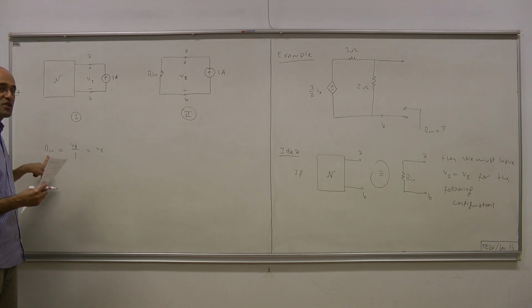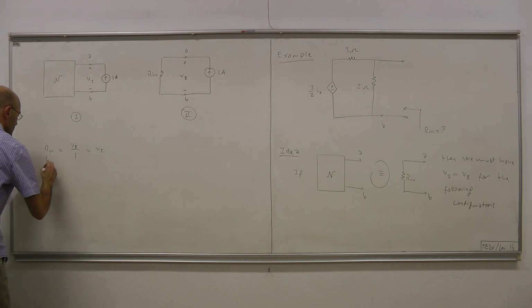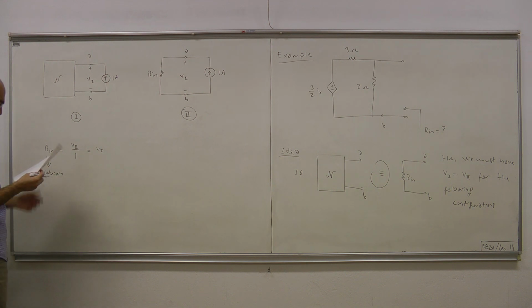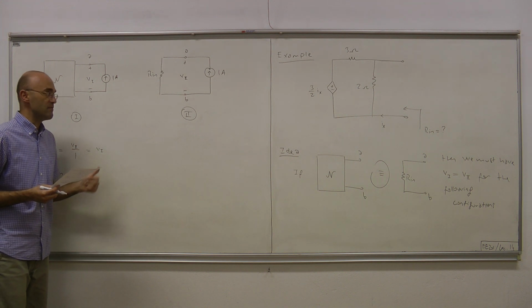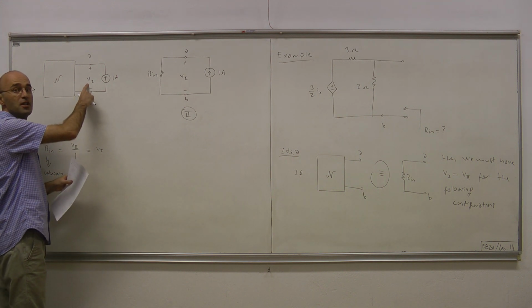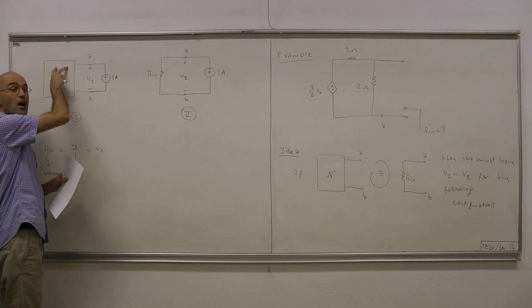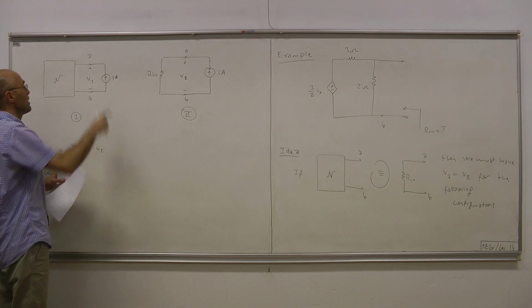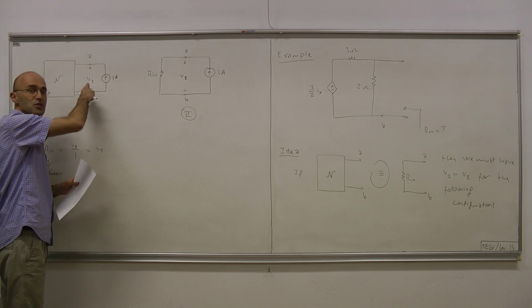Note that Rin is something that we want to figure out. It's unknown initially. Okay. And then, since it equals V1, and V1 is the voltage here, and we assume that we know what's inside this one port, therefore, we can solve this circuit. Solving this circuit will give us this voltage.